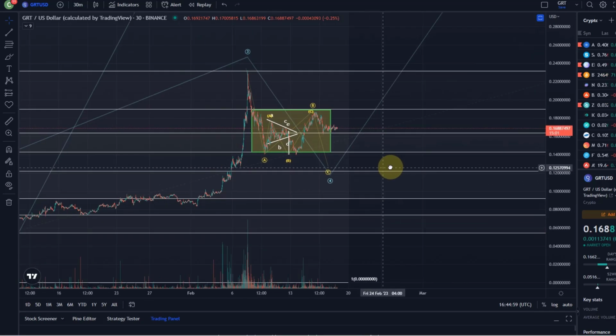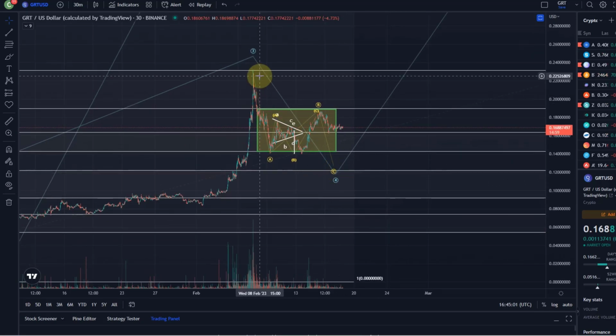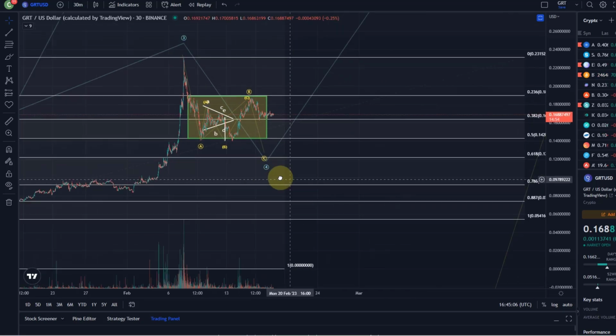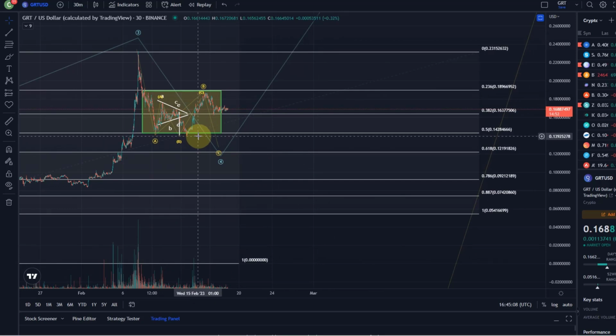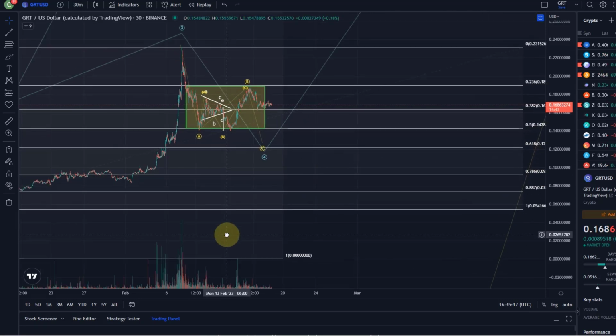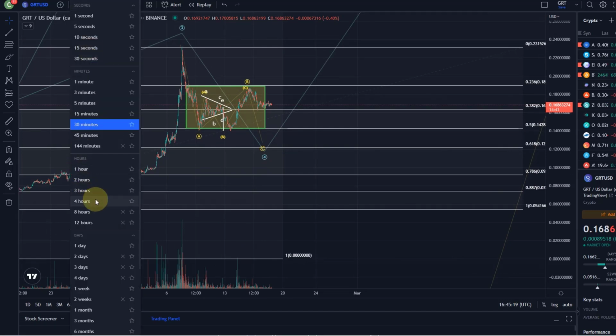It's usually then not a wave 4. I would probably count it as a wave 2, but either way it would be a corrective pattern.